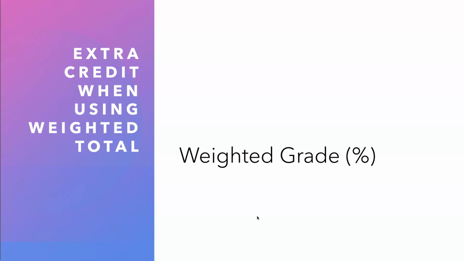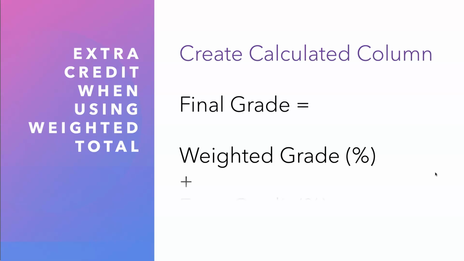When the course grade is based on weightage, the weighted grade is represented as a percentage. To arrive at the final grade, we would set up a calculated column and add the weighted grade and the extra credit grades to arrive at the final grade.